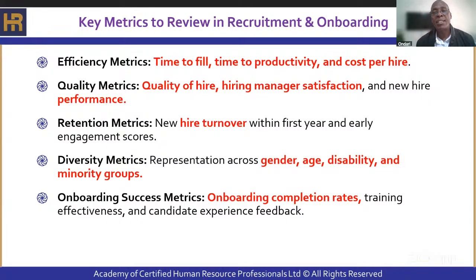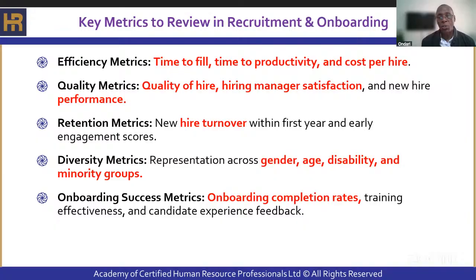And then lastly is the cost per hire. How much did it take to hire one position? This means that you calculate the total cost of all hires. You divide that by the number of vacant positions that were advertised. That will give you an average cost per hire.